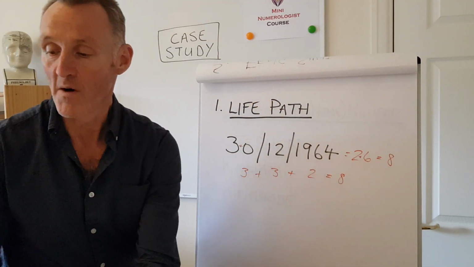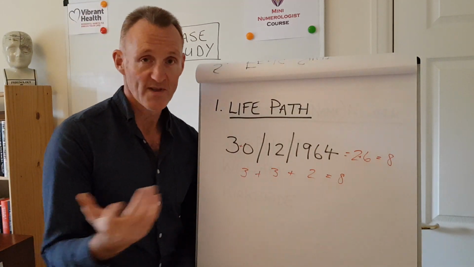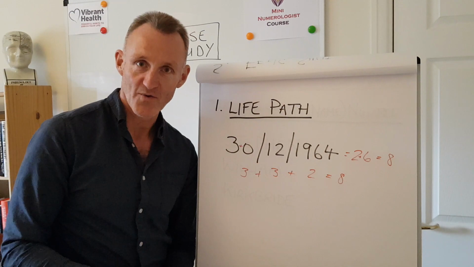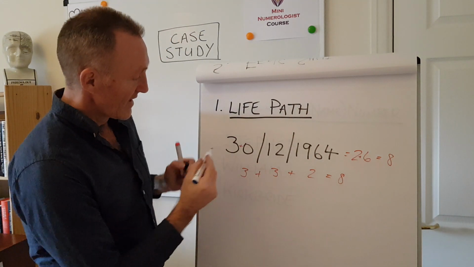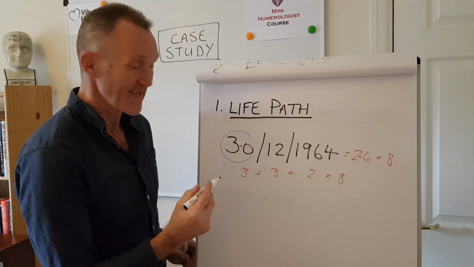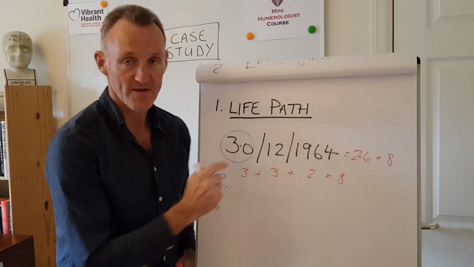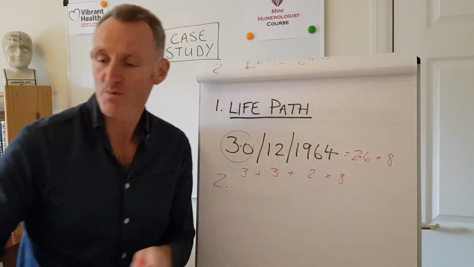Now the second one, the birthday number, this one is very easy. It's the day and the month you were born reduced to a single number. So Stephen, born on the 30th, 3 plus 0 is 3. So Stephen is a number 3. So that's the second one, a 3 birthday number. Now this one you can't really go wrong.